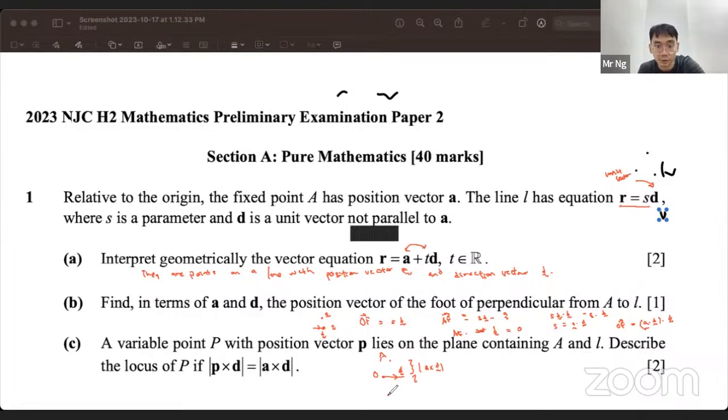So P can be here also, P can be here. This distance is the same as A cross D, because it lies in the plane containing L and A. Is there any other way to interpret this?